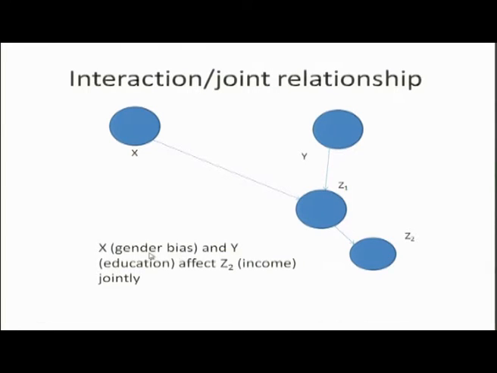X is gender bias, Y is education. Gender bias and education affect income, both of them jointly together. So, there is some effect of X, there is some effect of Y. The effect of X and Y on Z1 is joint. This is what it means. Then Z1 affects Z2 directly.